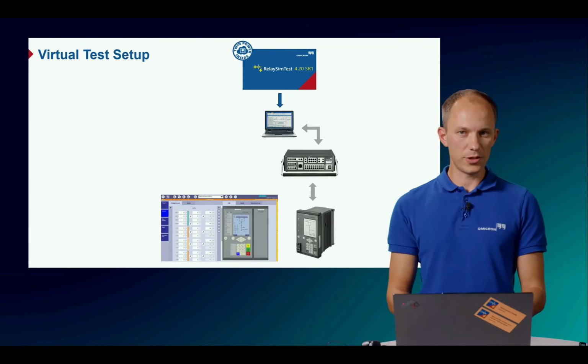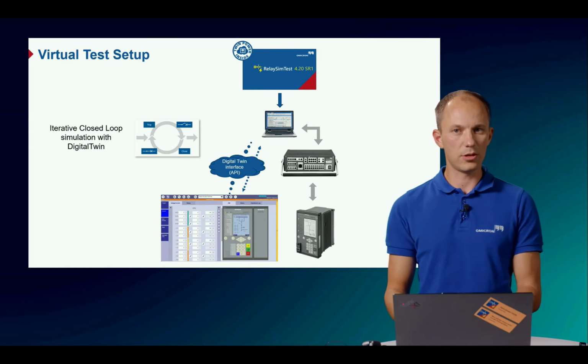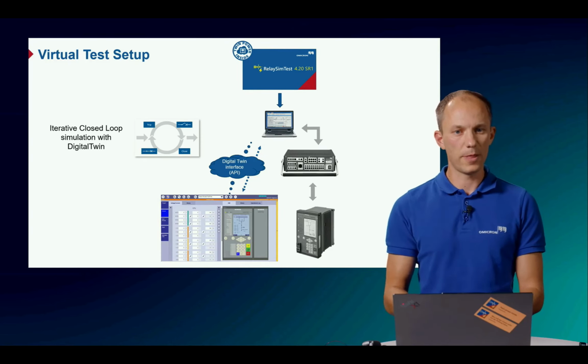And we can do now the same in a virtual environment with a digital twin. So whenever the digital twin sends a trip command, we will recalculate our transient calculation and open a circuit breaker in the simulation. And that's what I want to show you then in the practical demonstration.